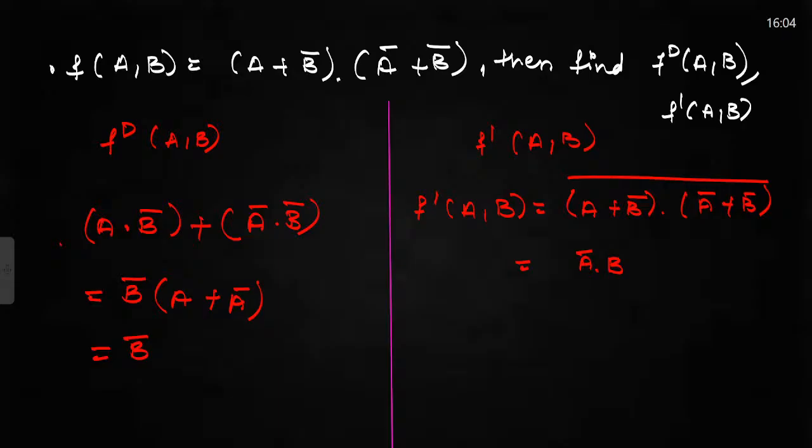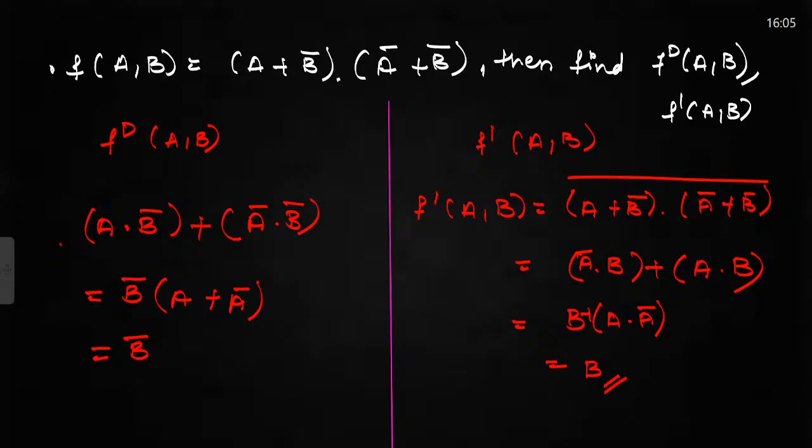We are not applying the duality theorem here, but applying De Morgan's law. And this will be a into b. Now if I take b as common, then it will be b plus a into a bar, which is 0, so b. My answer is b.